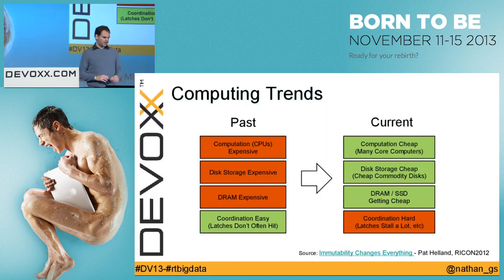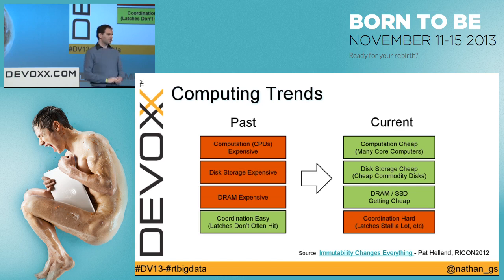If we look at computing trends, in the past CPUs were really expensive, disk storage was expensive, memory was expensive, but coordination, especially inter-process coordination, was really easy, because in the past it was mostly about single-threaded applications. Our current situation is a lot different. Computing has become cheap.